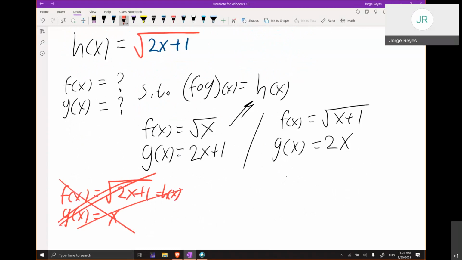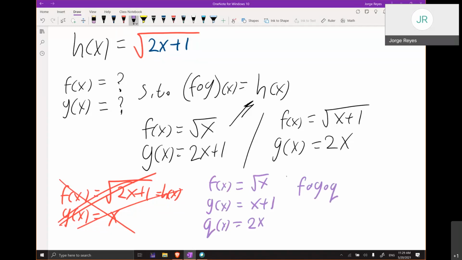And if you want to get ridiculous, you can go farther. You can make f the square root of x, you can make g x plus 1, and then you can make q be 2x. Now I've gone overboard, and f of g of q, this triple composition, is actually h of x also.